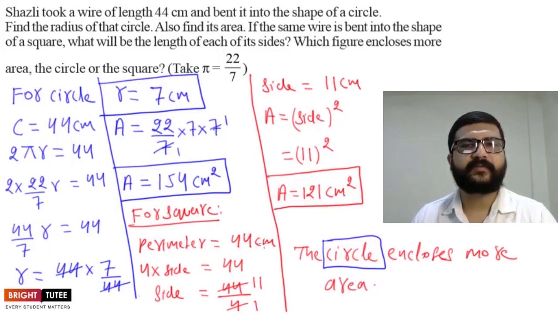Perimeter was 44 centimeters. Now using this perimeter we got side length of the square and it was 11 centimeters. And then using this side length we got area of the square. And then by comparing both the areas we got which figure or which shape encloses more area, and it was circle.